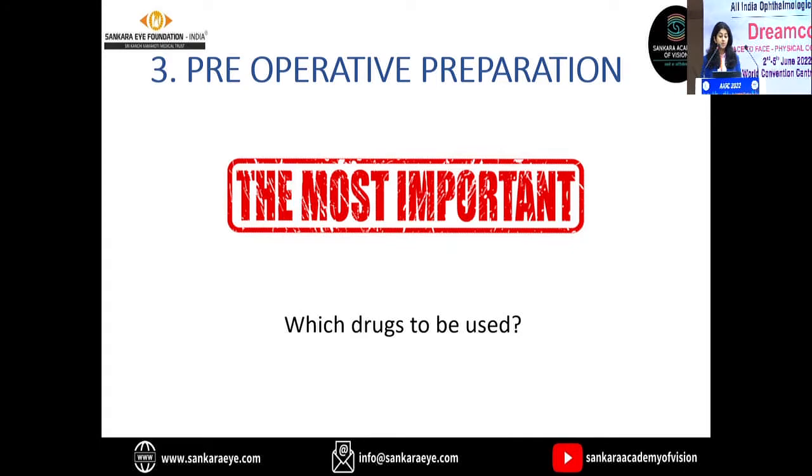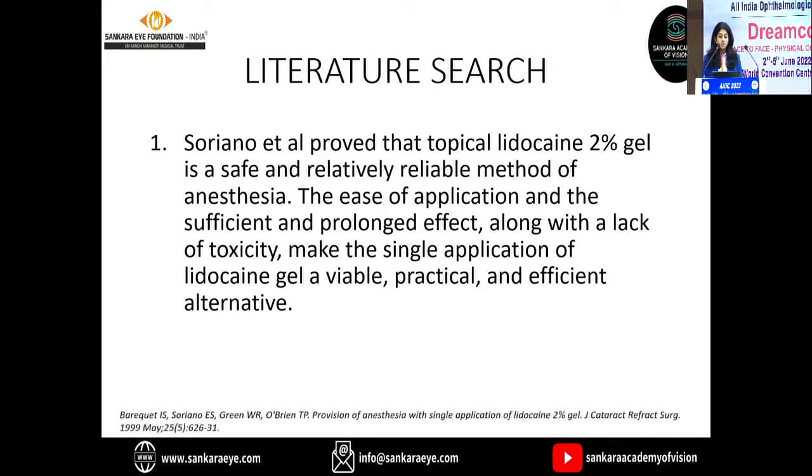Then the most important thing, which drug to be used. I am in an institute, so we have a set protocol, which has been put in place by many of the seniors over the years. My protocol in my institute is to use 2% lignocaine jelly. But I just thought, let me see what new things are available and how foolproof this protocol is.